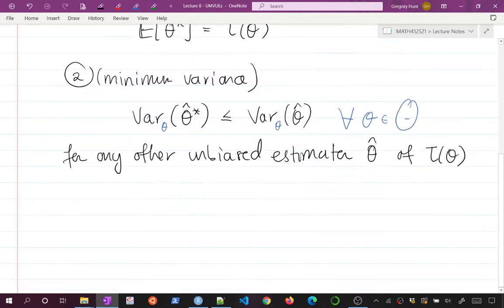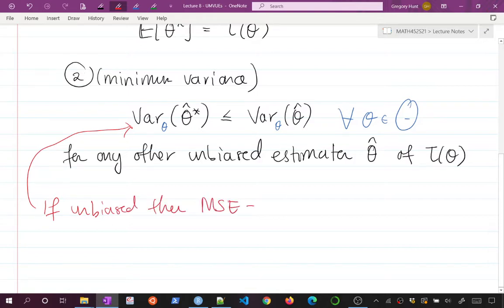Now, I've written this in terms of variance, saying it's minimum variance. We noted last time that if unbiased, then the MSE is the same thing as the variance, right? And so you could talk about this in terms of mean squared error. If you remember, the MSE is the variance plus the squared bias. So it doesn't particularly matter which one we talk about for the unbiased case.